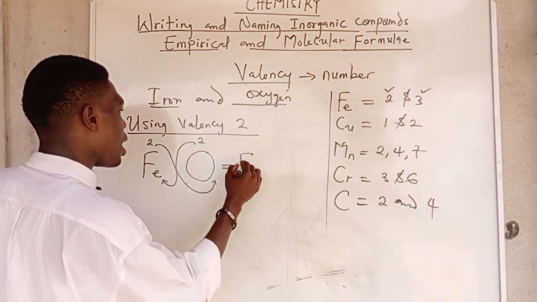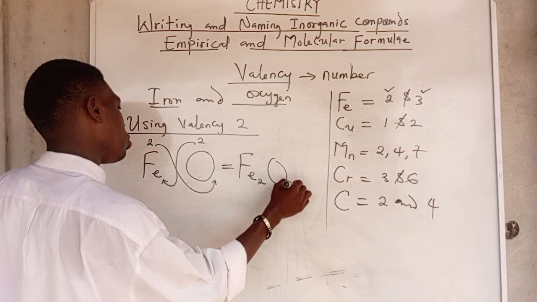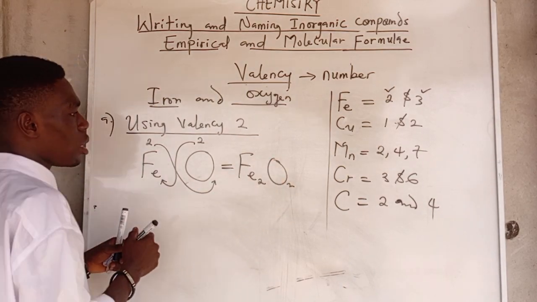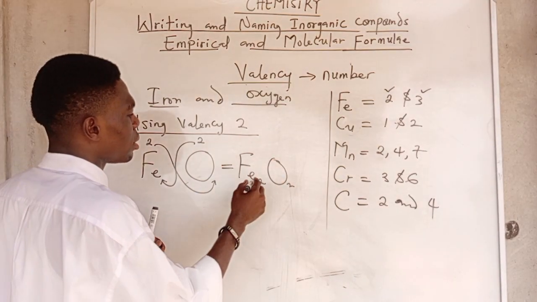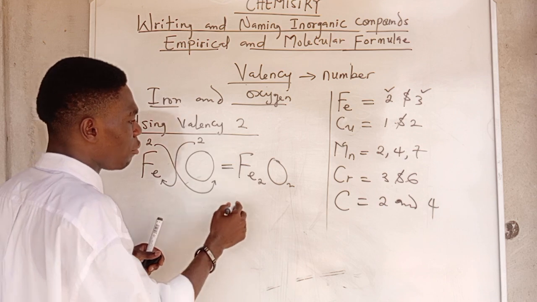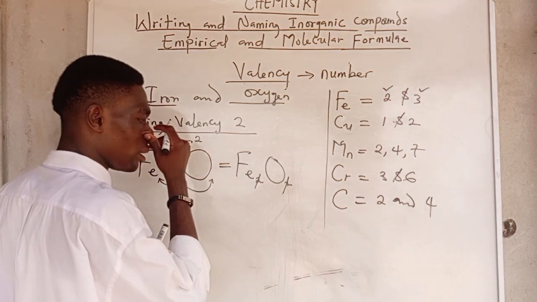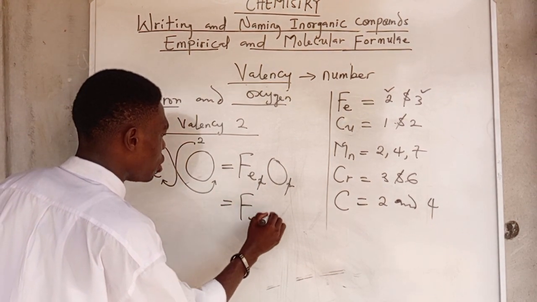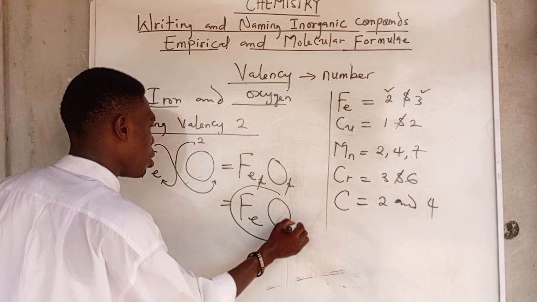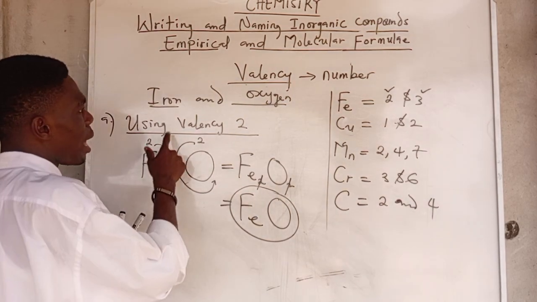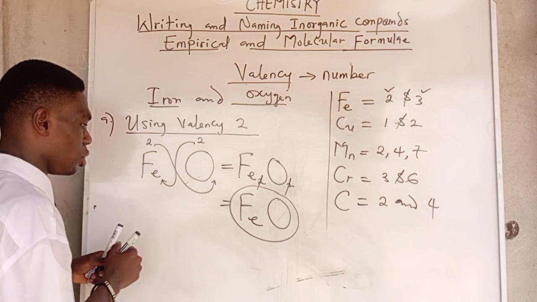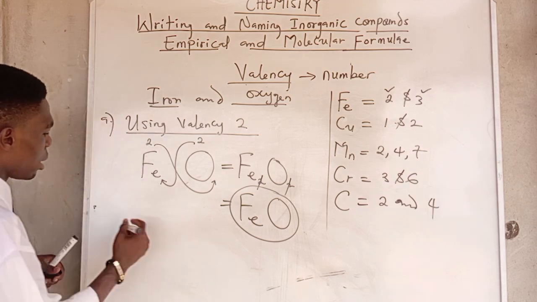Are we together? That will give us Fe2O2. Yes, and this is the formula. But then you can simplify this. I'll talk about that more in the empirical molecular formula. We'll simplify this to cancel out 2. That will give us FeO. And this is the formula for the combination between iron and oxygen using valency 2. Are we together now? All right, let's do the next one.